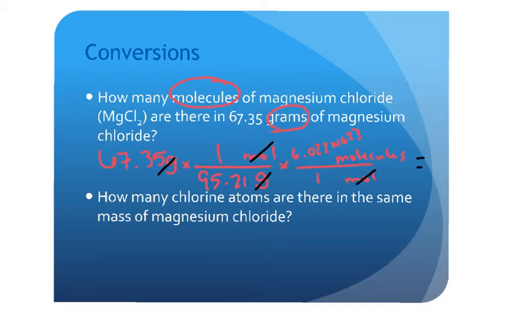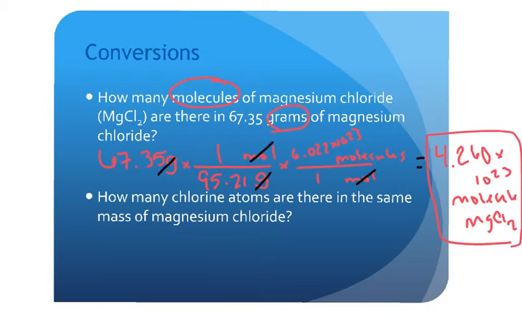When I calculate through with correct number of significant figures, my answer would be 4.260 times 10 to the 23rd molecules. And let me just write MgCl2. So that is my correct answer for this problem.